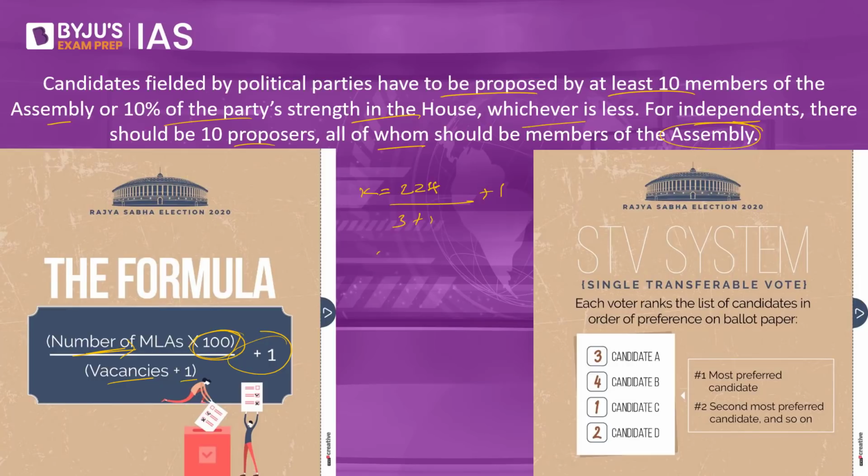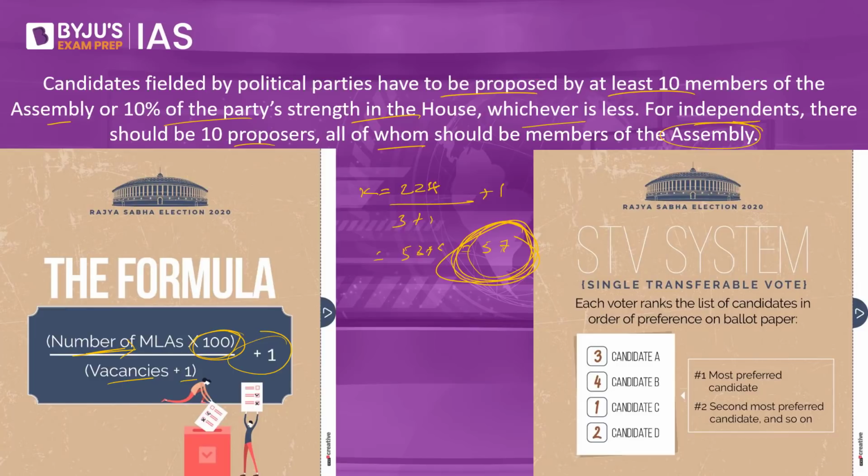If you work it out, you will have 56 plus 1, which is 57. So a person who has to be elected from the state of Karnataka, who is contesting in that state, will require 57 votes from the members of the Legislative Assembly in the state of Karnataka.